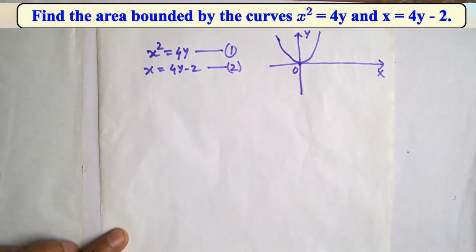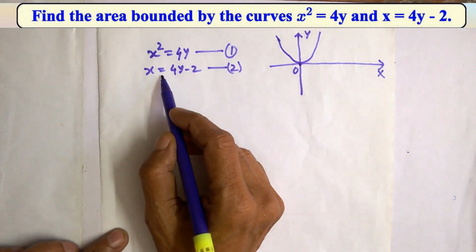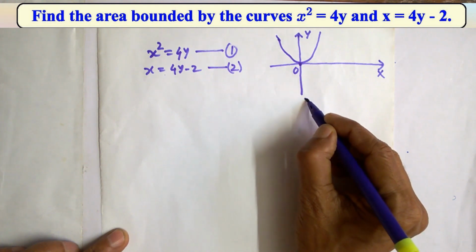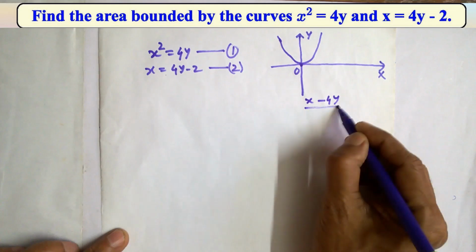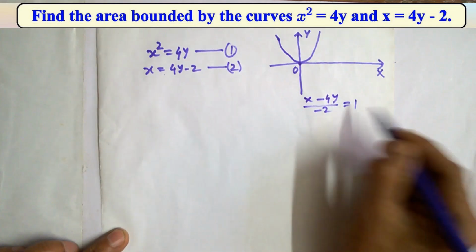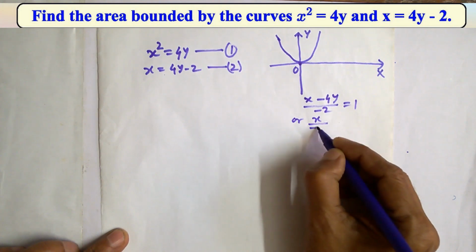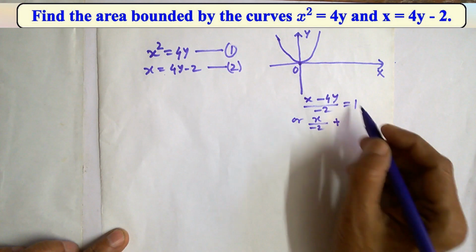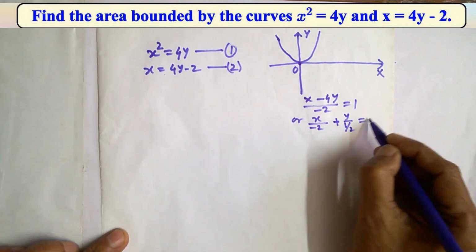To draw the equation of the line, express equation number 2 in intercept form. So x minus 4y by minus 2 is equal to 1, or x by minus 2 plus y by half is equal to 1.